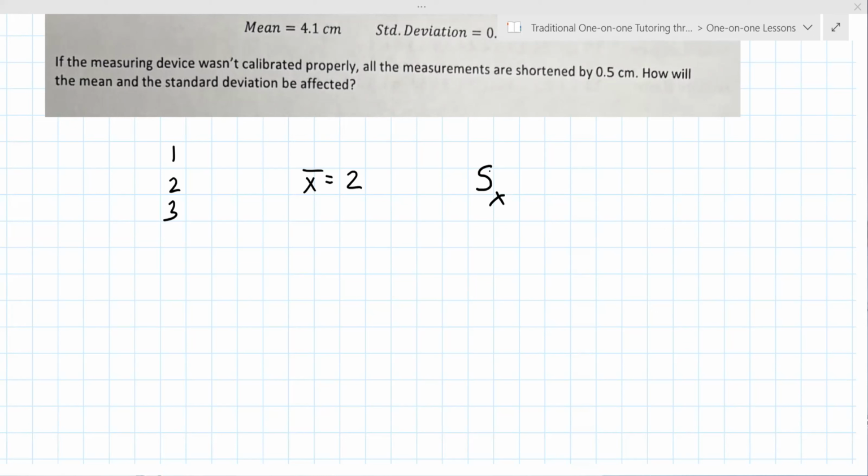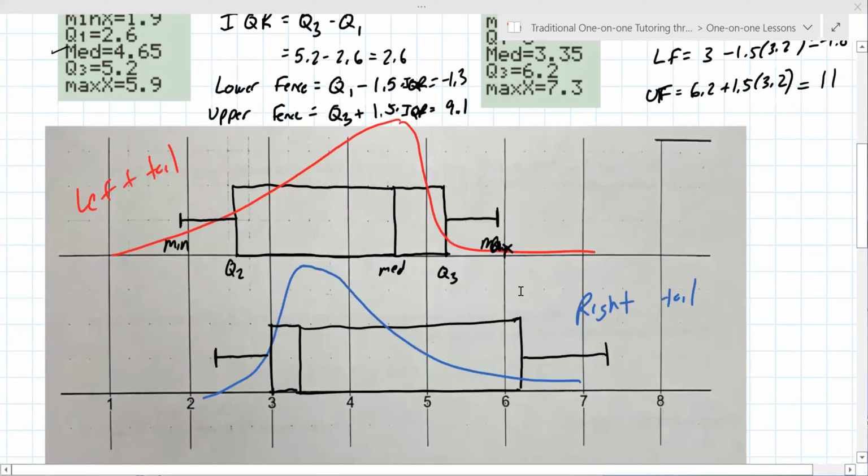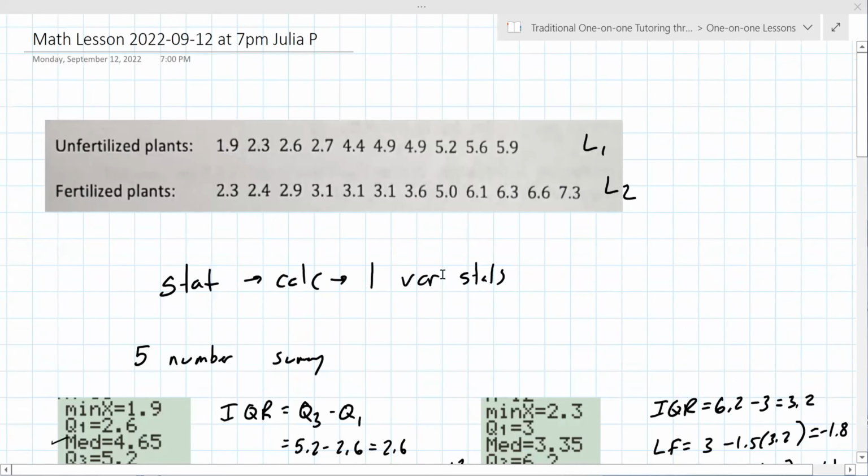Wait, so after I input all of the values into list 1, what's the second step? You go to, let me scroll up here and show you so you can see it. I wrote it down here. Stat calc one variable stats.